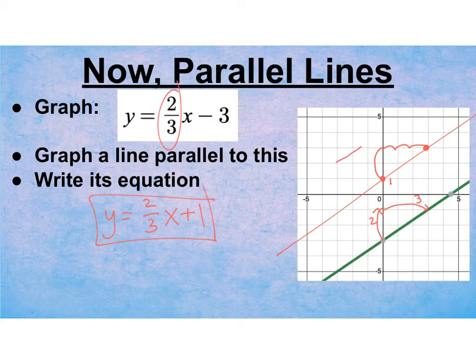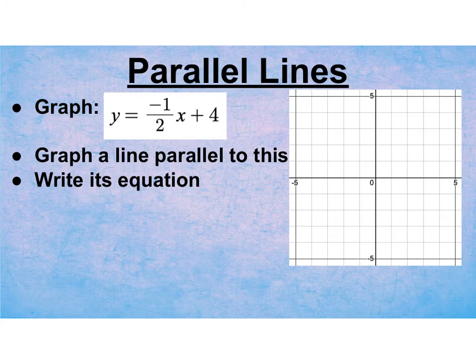I could have another one up here. Oops, it's supposed to go through there. As long as they are slanted the same amount, that slanting piece is the slope. So that's what we're paying attention to here. So if I have this line and we graphed this at 4 and then we went down 1/2, then I can pick any number I want for my y-intercept. I'm going to go with -2.